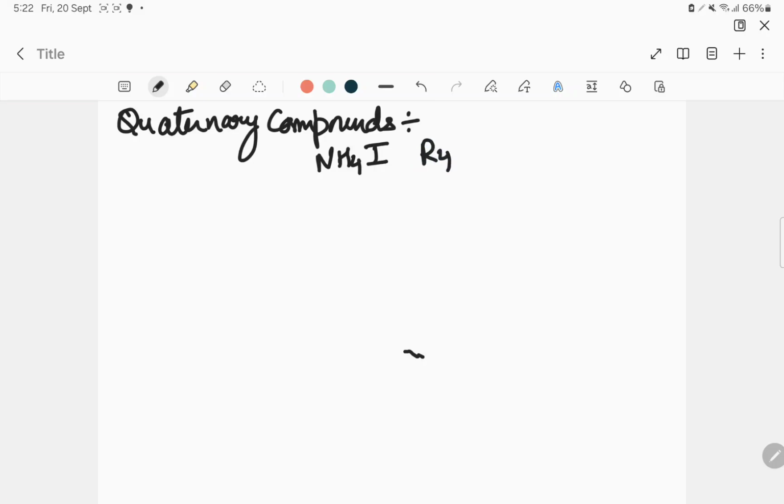So we can get R4N and I. All the four hydrogens are replaced by alkyl group, forming quaternary ammonium iodide. Or we can take an example of (CH3)4N and I.